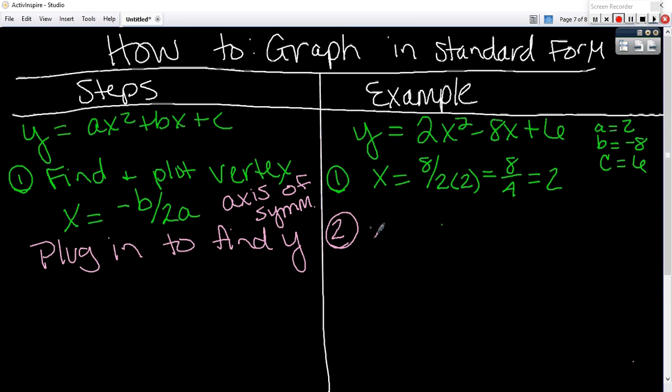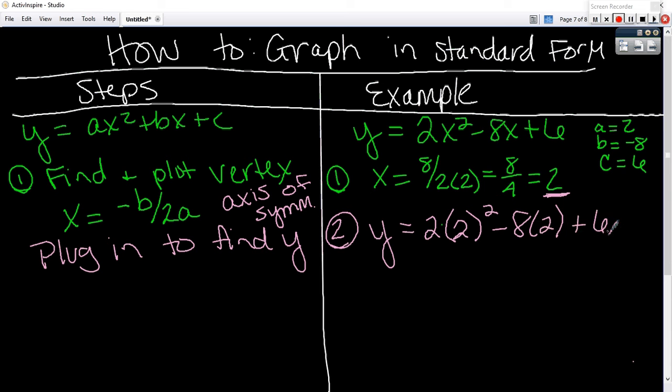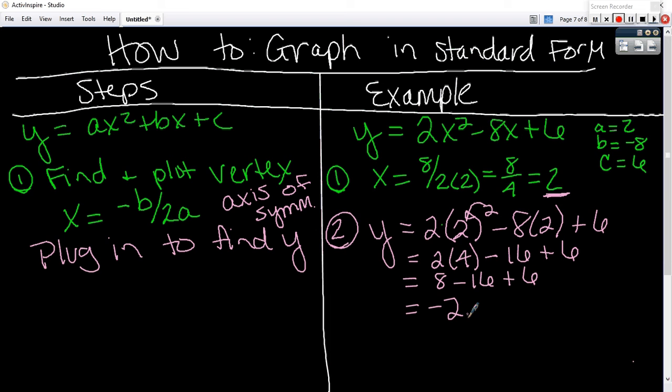All right, so y equals 2 times, I'm plugging in 2 here, 2 squared minus 8 times 2 plus 6. Order of operations: parentheses come first, followed by exponents. 2 to the second is 4. Minus 8 times 2 is 16. Left to right, 2 times 4 is 8. And now 8 minus 16 is negative 8, plus 6 is negative 2.